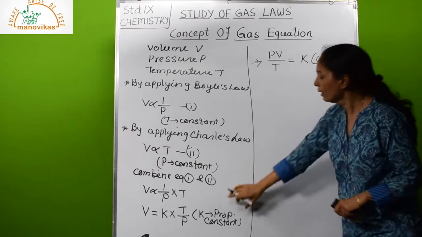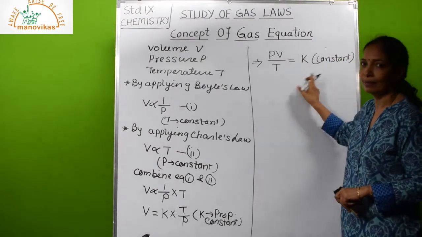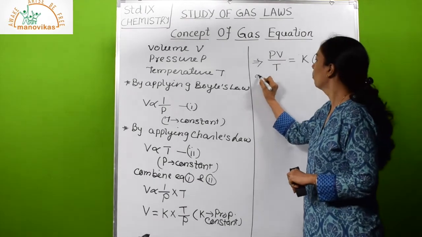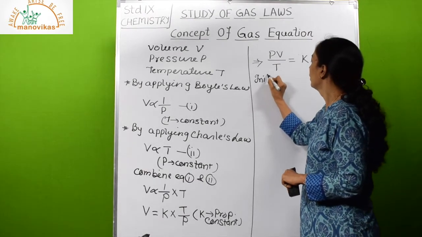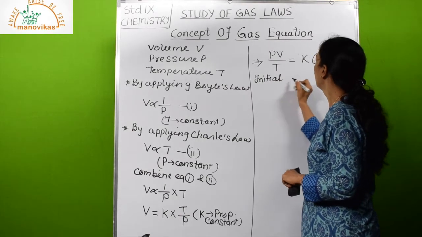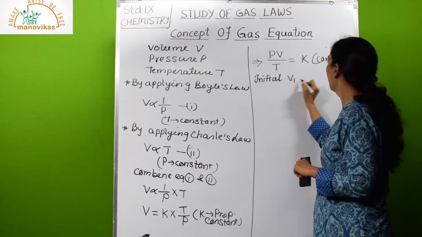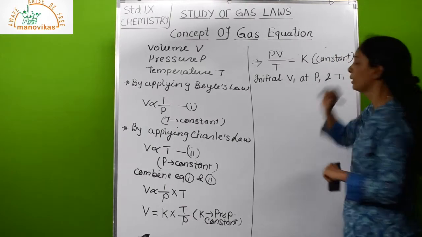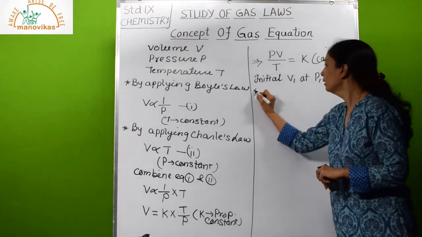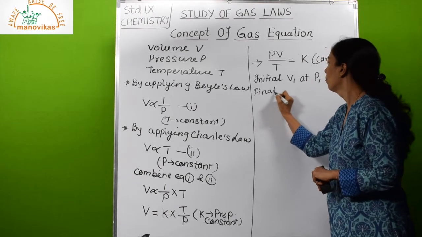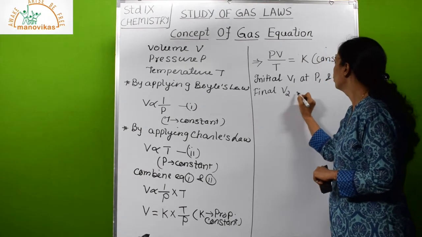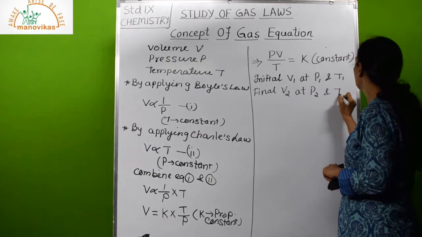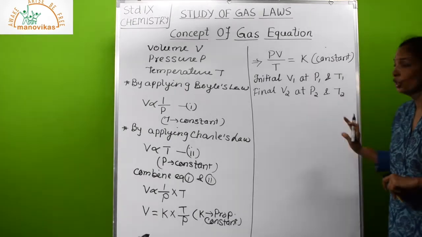Okay, so we can combine both the laws and get this expression. Let us assume that the initial volume is V1 at initial pressure P1 and temperature T1, and the final volume is V2 at final pressure P2 and final temperature T2.